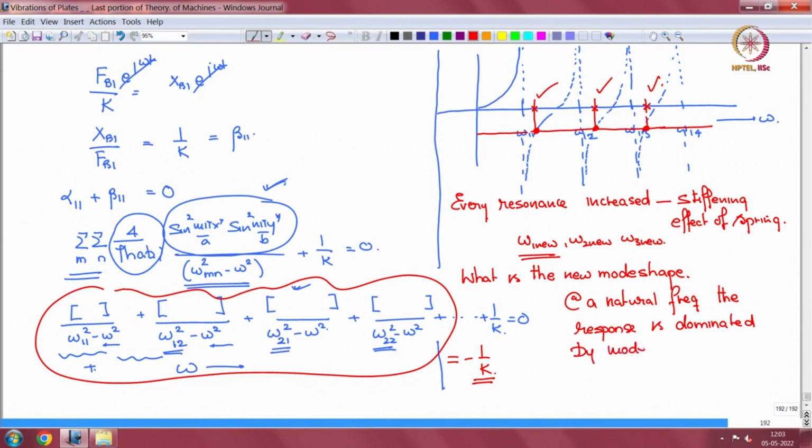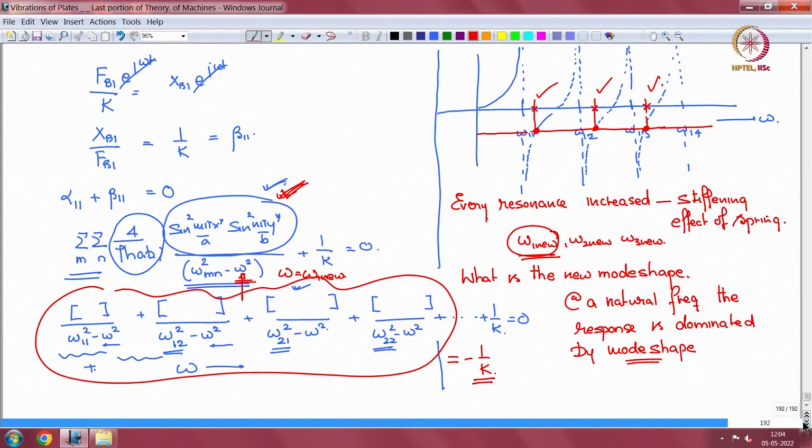At a resonance frequency, the shape of the system is the mode shape. So, if I have omega 1 new as a new resonance and I substitute omega equal to omega 1 new over here, then this is the response of the new system at the new resonance, and therefore that is the mode shape.